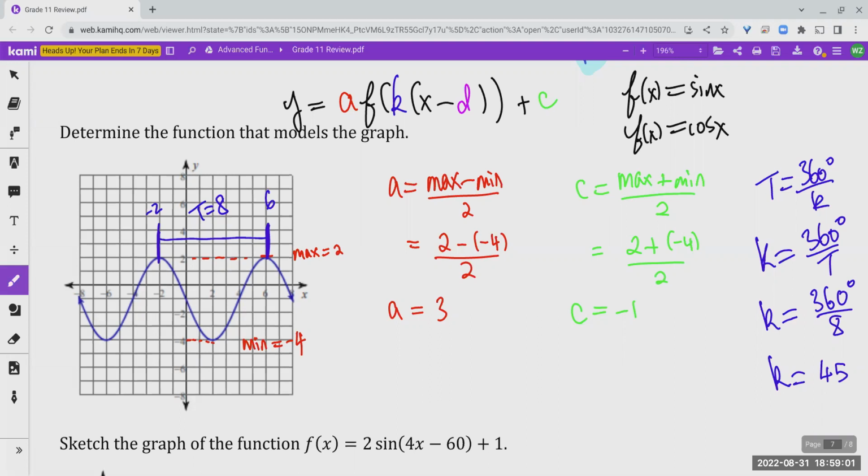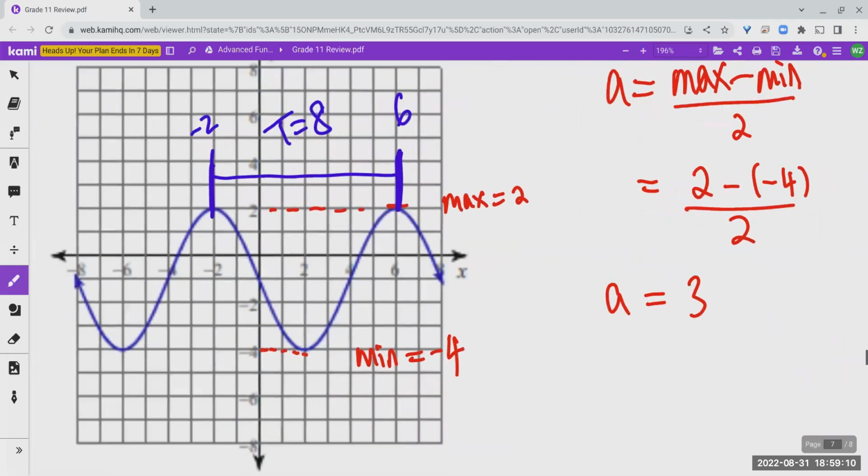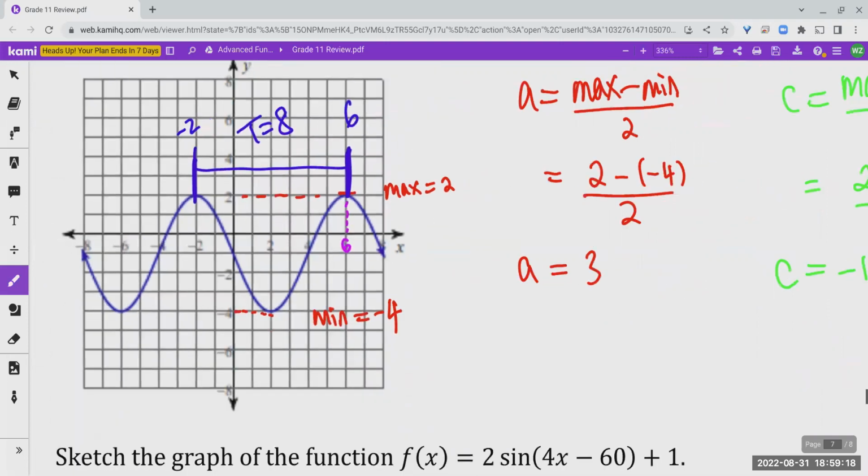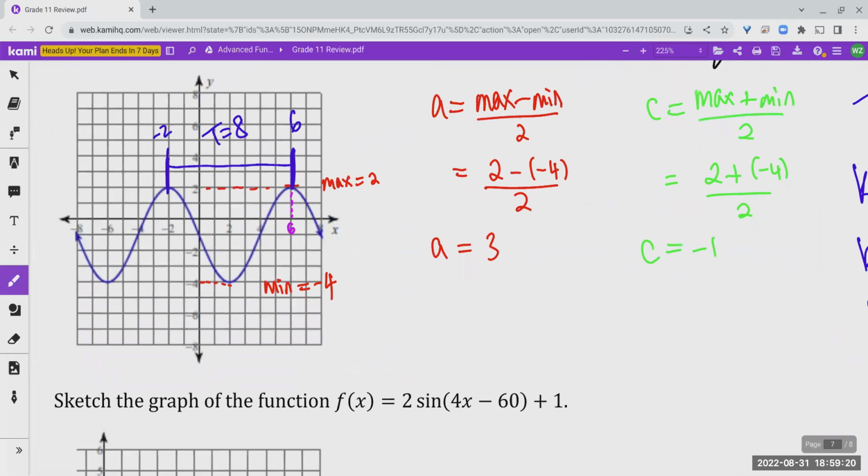Why? It's much easier to find the maximum than to find the horizontal axis, the middle, because the maximum is easy to look for. Look, there it is: 6. There's another one, -2, but I'm going to go with 6. I like positive numbers. Because I'm going for the maximum, this must be cosine.